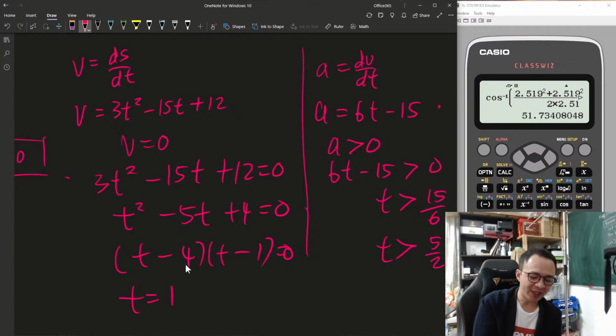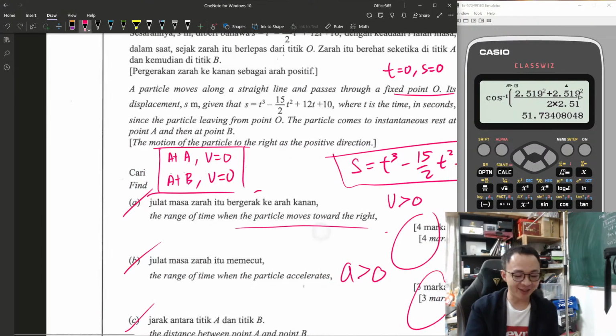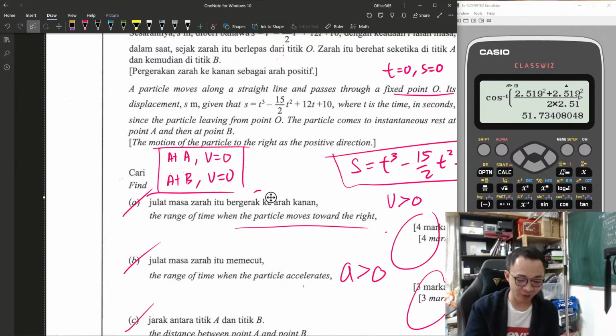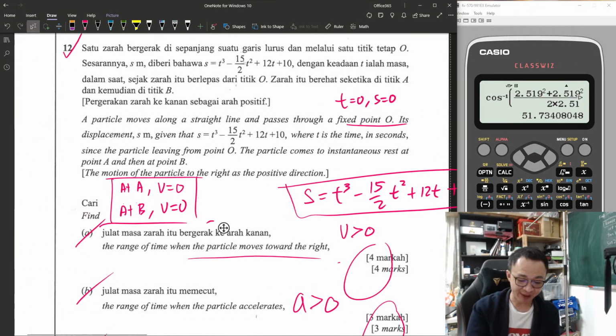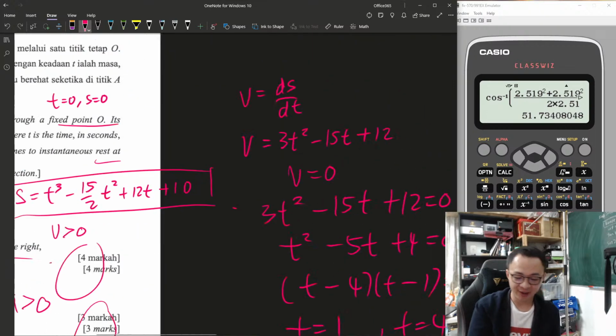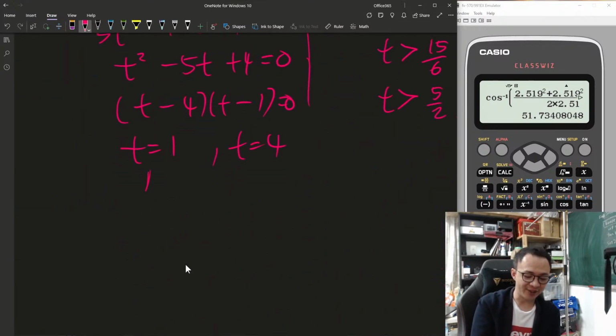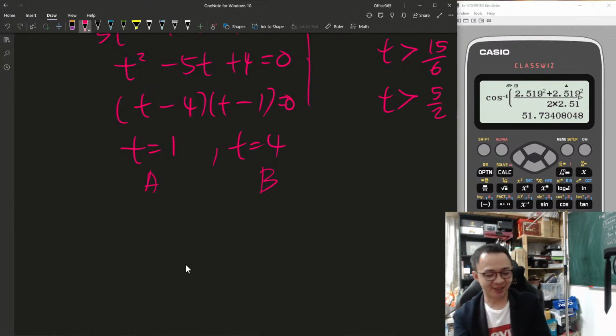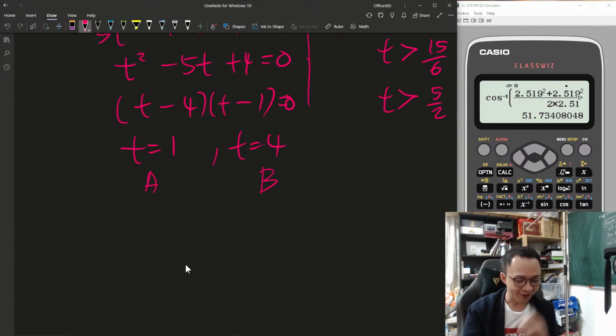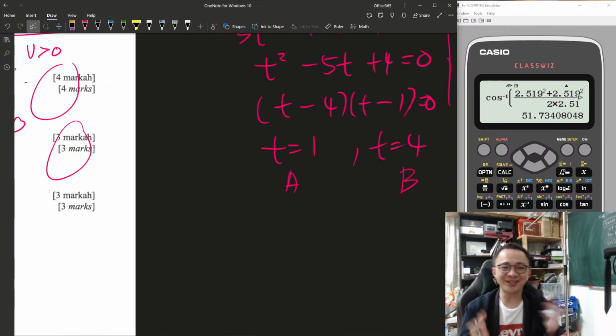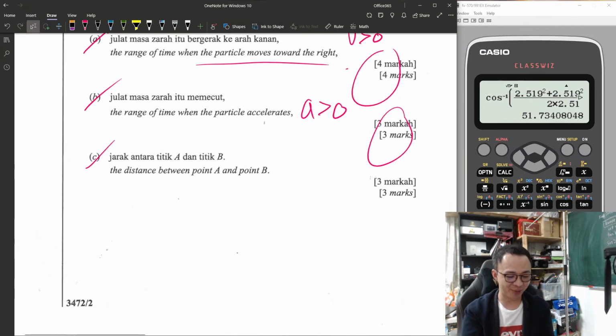So we get 2 times the particle will stop. The question says the particle stops at A first, then B. So I know this one is A, this one is B, because one comes first and the other after. Now I want to know the distance between them, because the question asks me to find the distance.